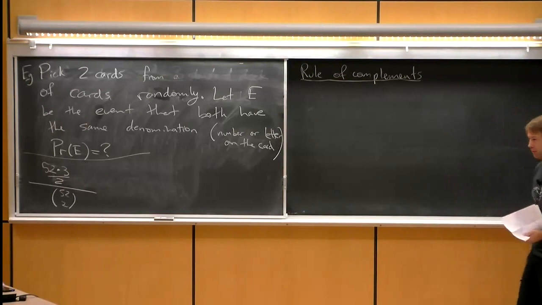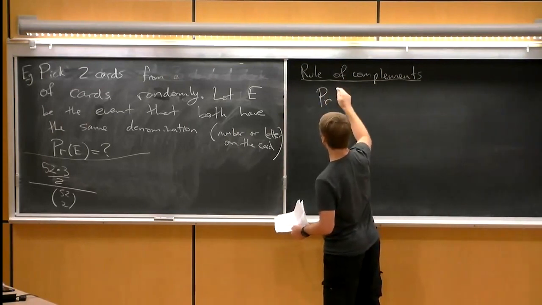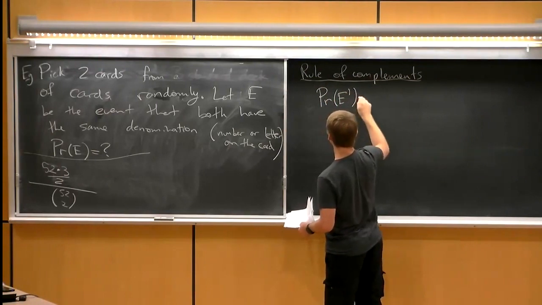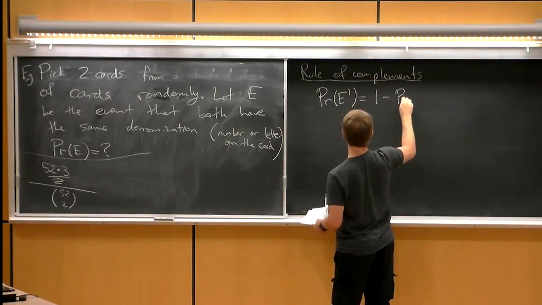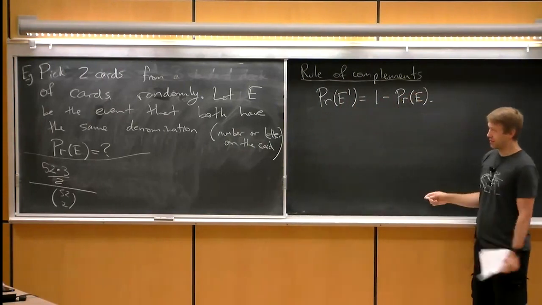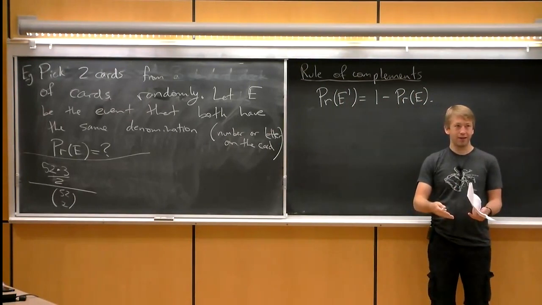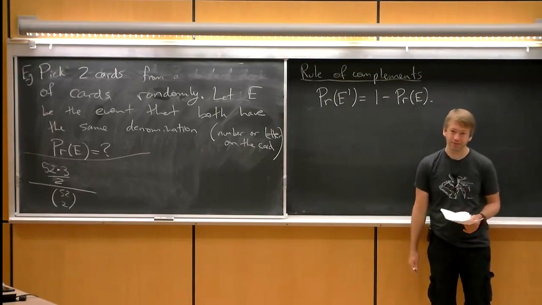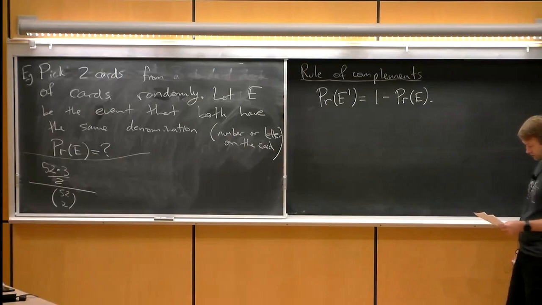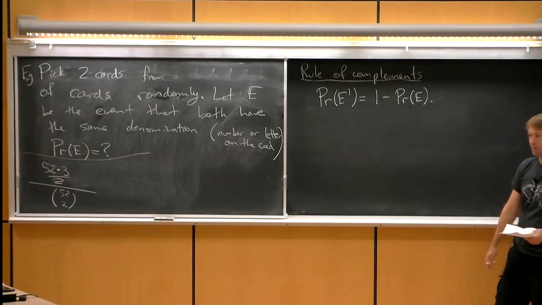There's a very similar thing with probability. The idea is, for any event, the probability of the complement of E is 1 minus the probability of E. You can interpret this as saying the probability that an event doesn't happen is 1 minus the probability that it does happen. So if the chance of rain is 80%, the chance of not rain is 20%, right?